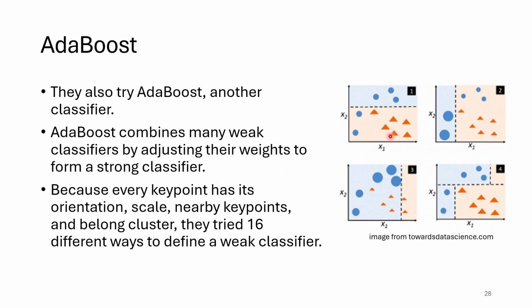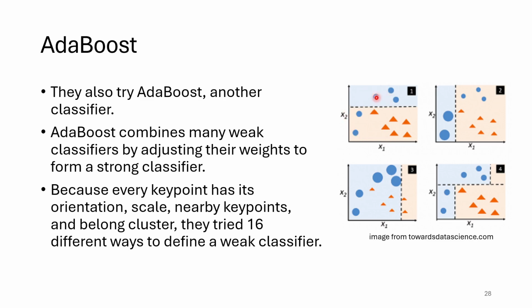So let's see an example. Suppose there are only two classes in this image, the orange triangle and the blue circle. They can find a very simple classifier, just using x2 as a threshold. Suppose their vector is just their coordinates, so there are only x1 and x2, two feature elements.